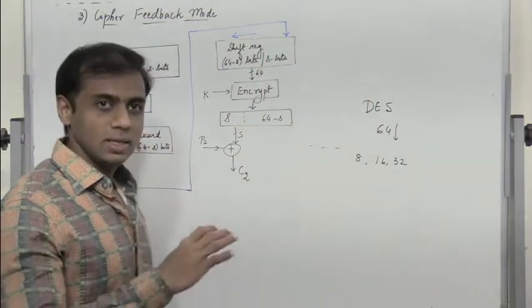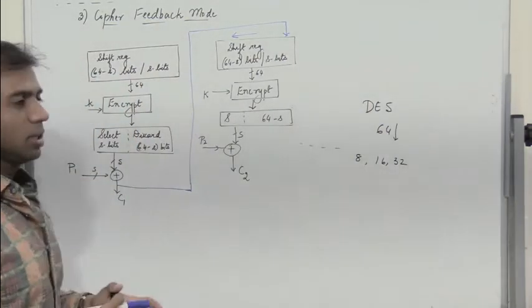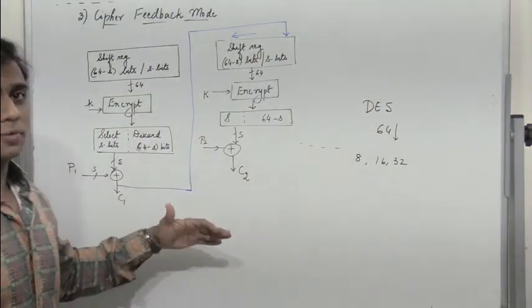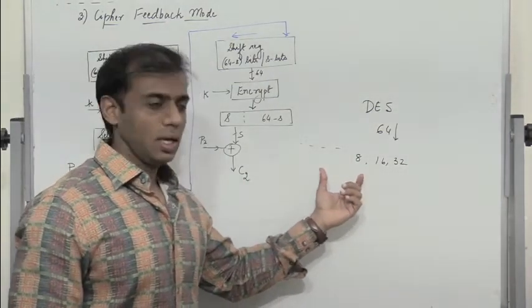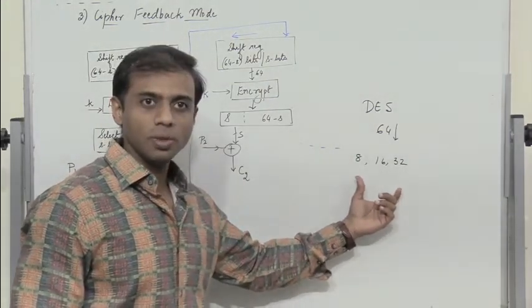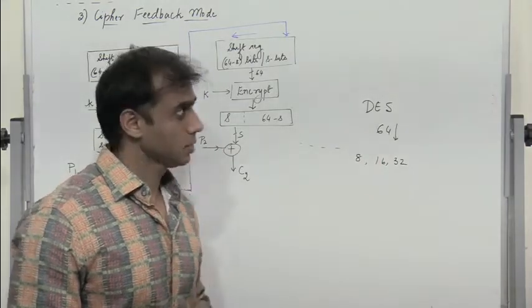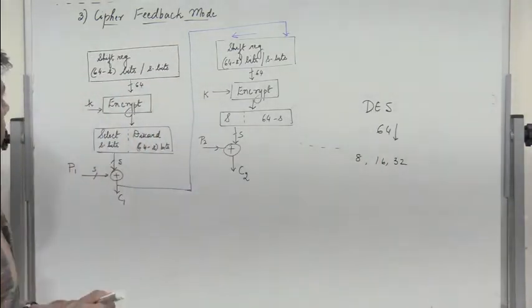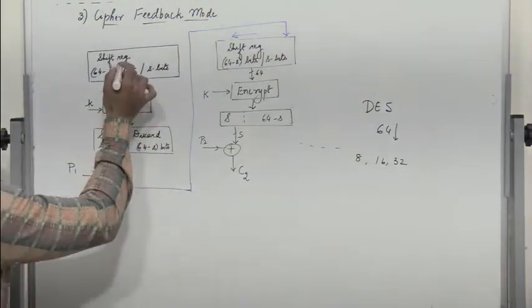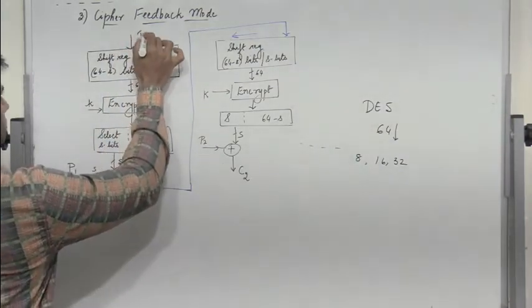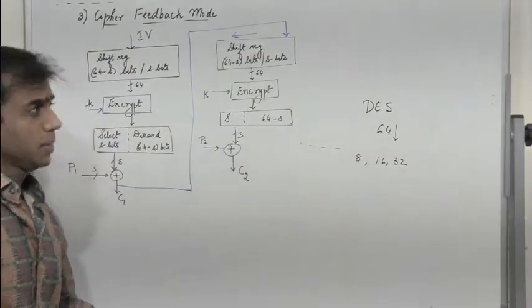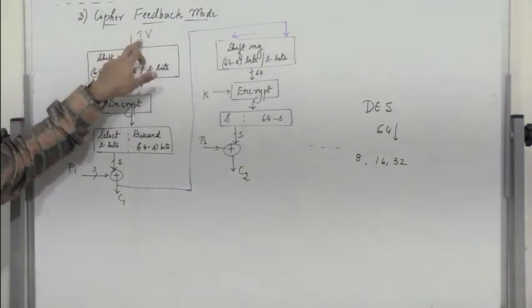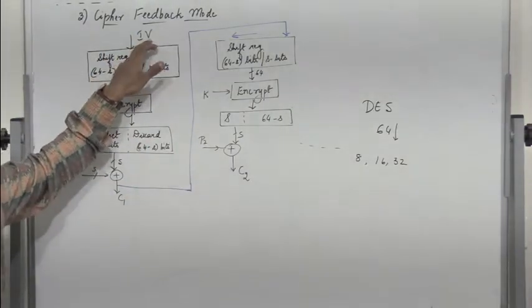So what is done in this method? This method takes a lot of time because at every stage we are either encrypting 8 bits, 16 or 32, and this selection can be made. Now in cipher feedback mode, initially there is a 64-bit register which is stored with a 64-bit initialization vector.